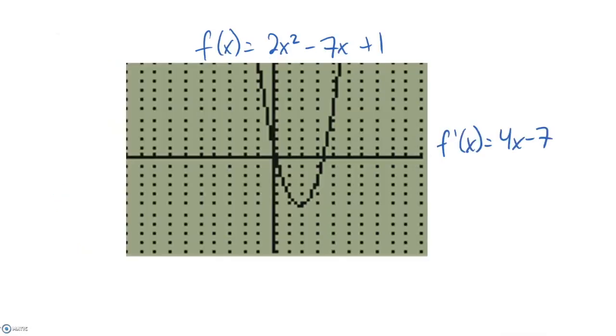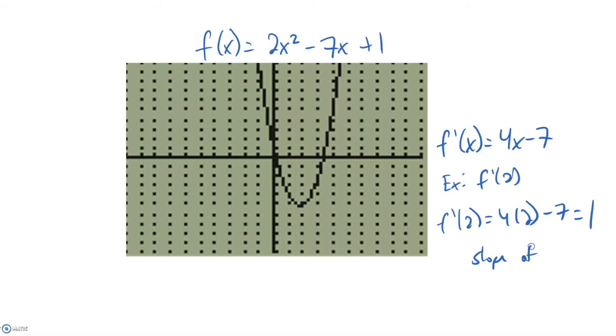So to give you an idea of what that might look like, I've already taken the graph off of my calculator for 2x squared minus 7x plus 1, our derivative, f prime of x, 4x minus 7, and let's just say, for example, we did f prime of 2, so the tangent slope at x equals 2. Well, f prime of 2 would equal 4 times 2 minus 7 equals 1.